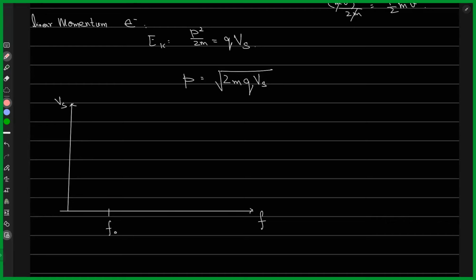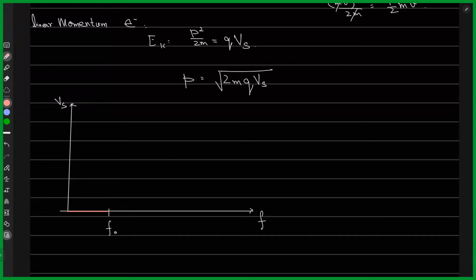Is that point clear? Is that clear why until f naught the stopping voltage is 0? Because no emission of electrons happens, so no stopping voltage is required, as you don't have to stop anything; there is nothing.